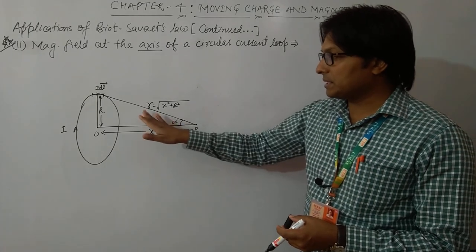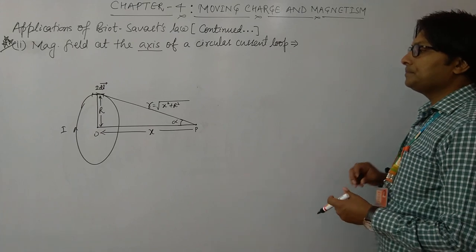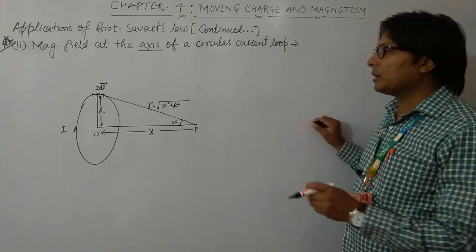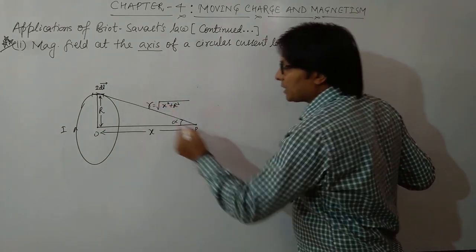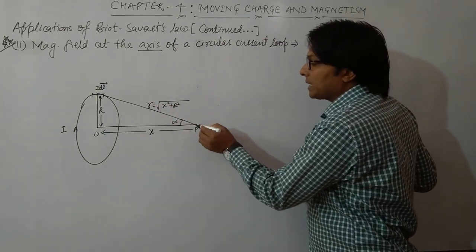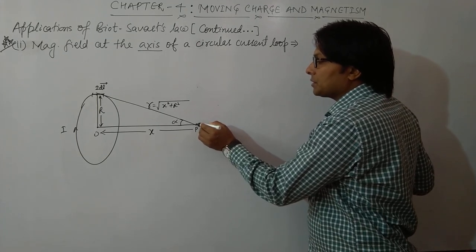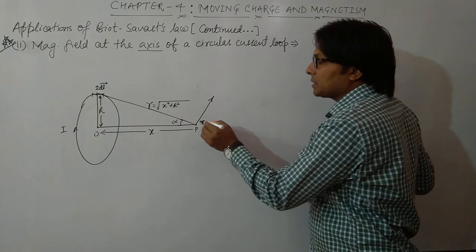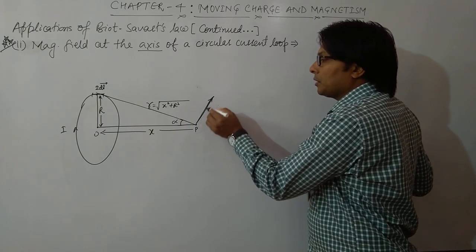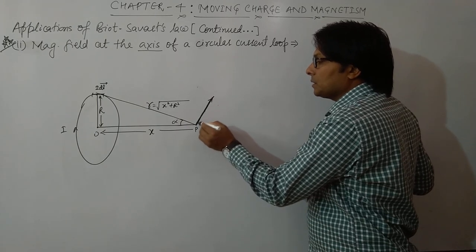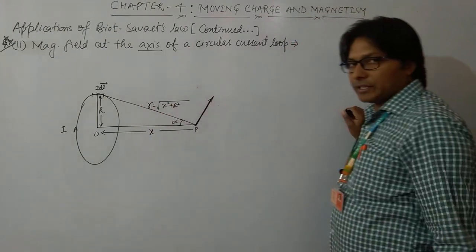We have assumed they are in this plane, so definitely the direction of the magnetic field will be perpendicular to both of these, suppose in this direction. This will be the direction of the magnetic field, perpendicular to the r vector and the idl vector.